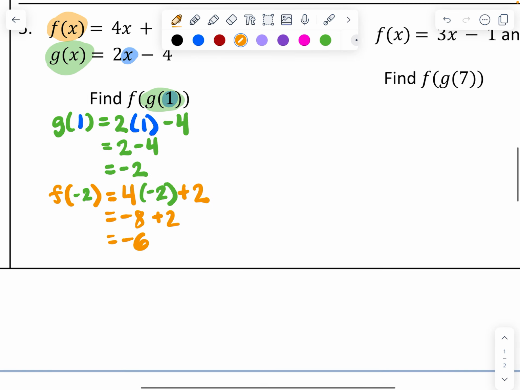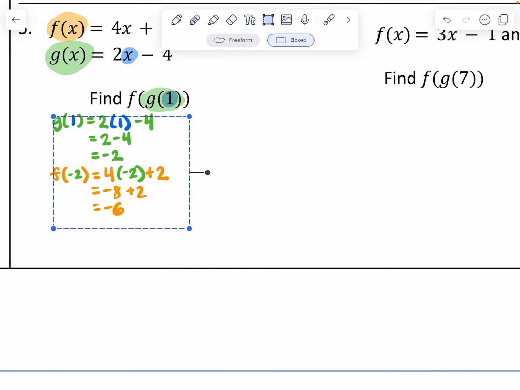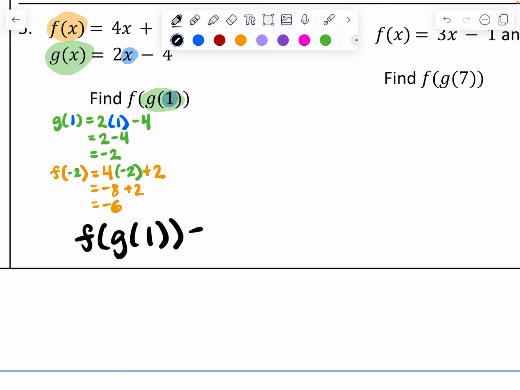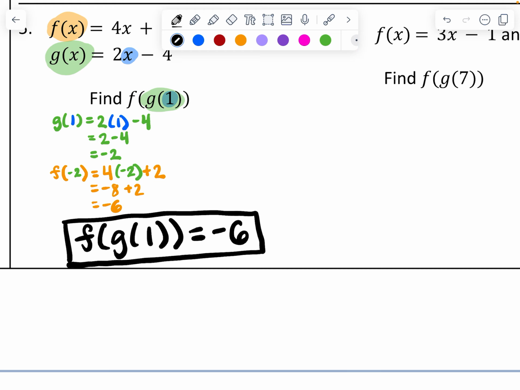So in function notation, how would I write this? I would say that f of g of 1 equals negative 6.